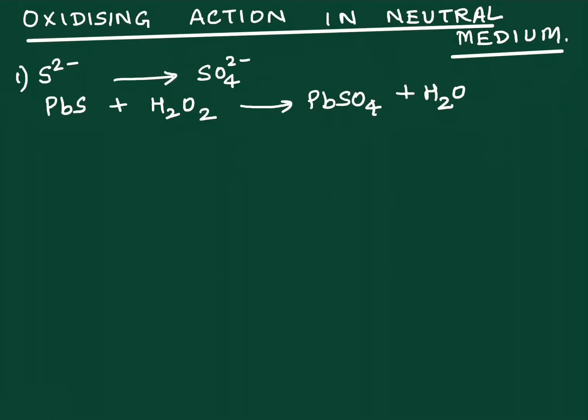Now remembering this reaction, right? How do we know it's sulfate? Would you like to learn an easy trick in order to write this reaction? Not just this reaction, any reaction under the heading of hydrogen peroxide. Yes, so let's go ahead.